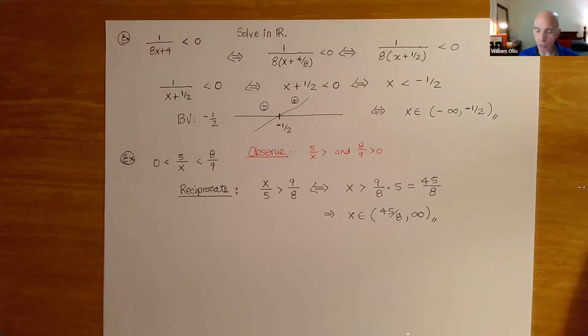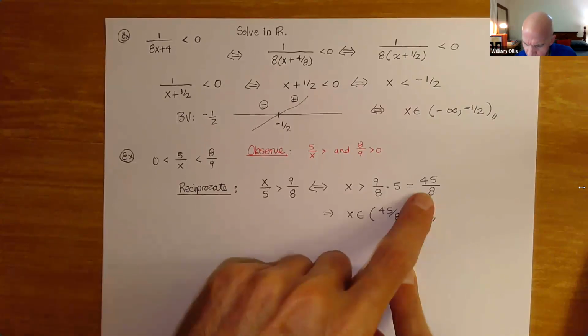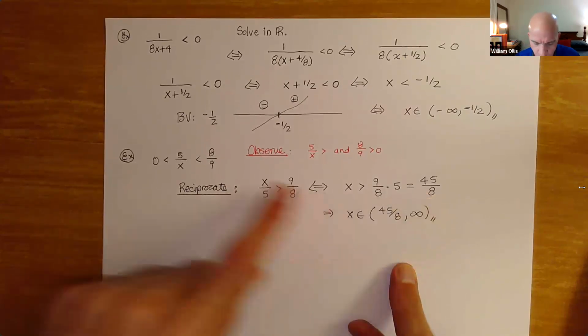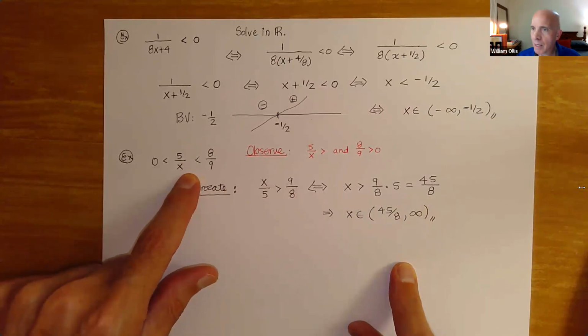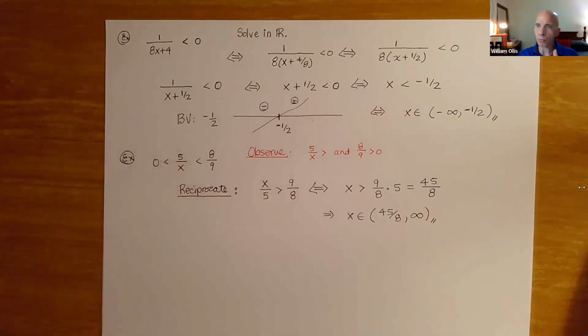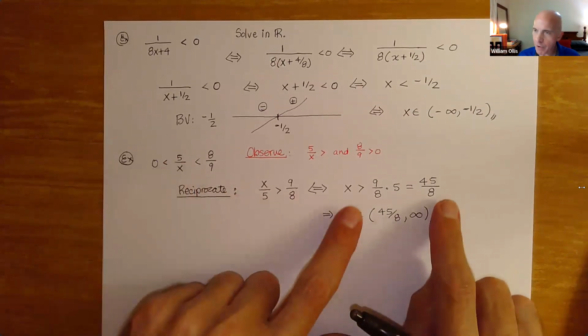You want to write down an equivalent inequality that is what? Simpler. And if it's simple, then you can say, oh, X must be bigger than 45 over 8. Well, that's what this is saying, but it's hard to see that looking at that. So we reduce the complexity of the given problem to something very simple.